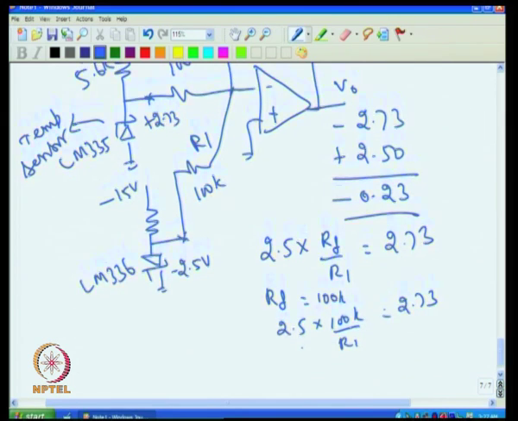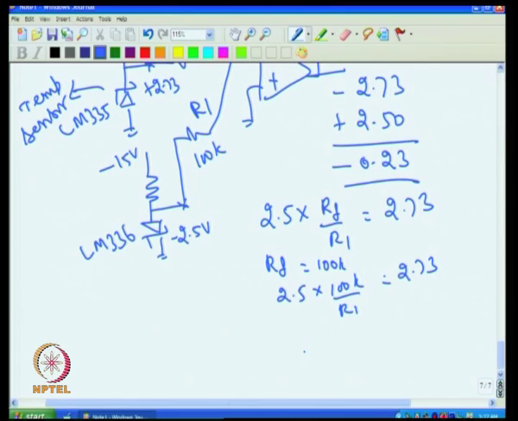So, what is R1? You will have 2.5 into 100 K divided by 2.73, that is the value of R1. You will find that R1 will be a little less than 100 K, because the gain is a little more than 1. So, that means you will have this a little less than 100 K, maybe 82 K, we have to calculate and see.